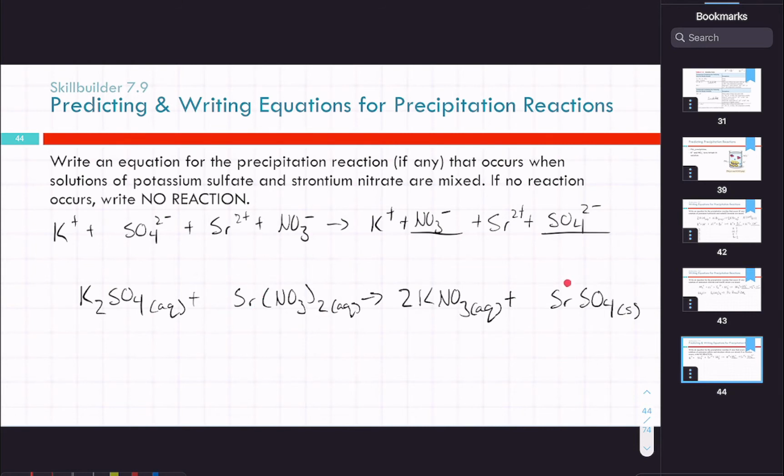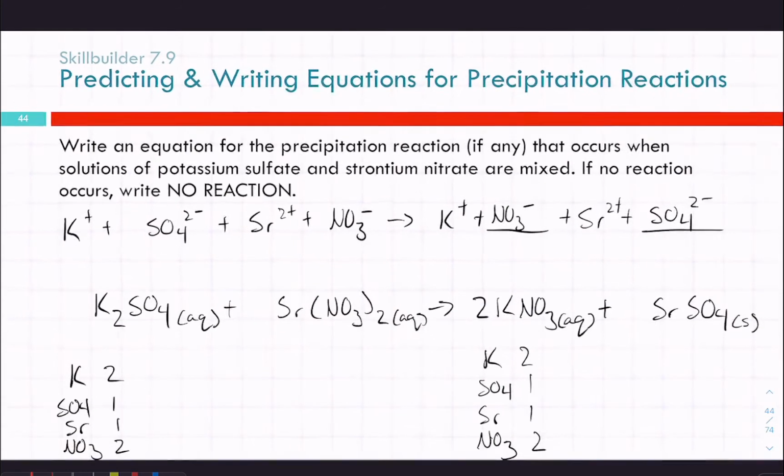We have 1 strontium to 1 strontium, and 1 sulfate to 1 sulfate. They should all be balanced, but we'll double check it. Looks good there. 2 and 1, 1 and 2. So it's balanced. Easy coefficient.